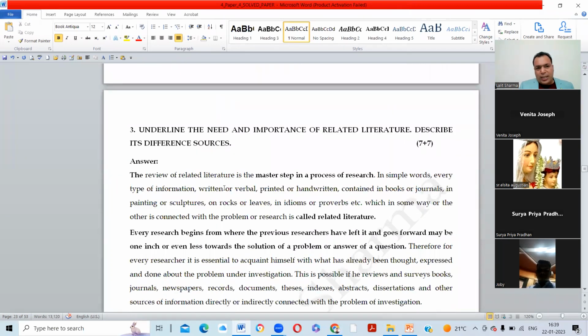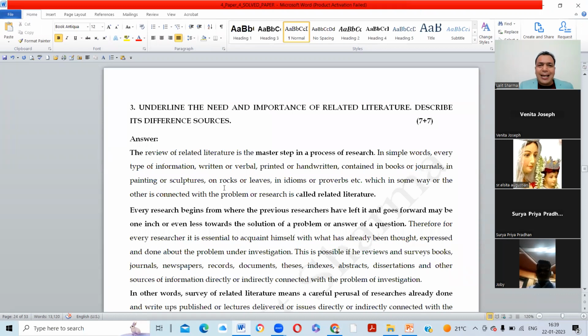Okay, the next question has come. Underline the need and importance of related literature. Describe its different sources. 7 plus 7.